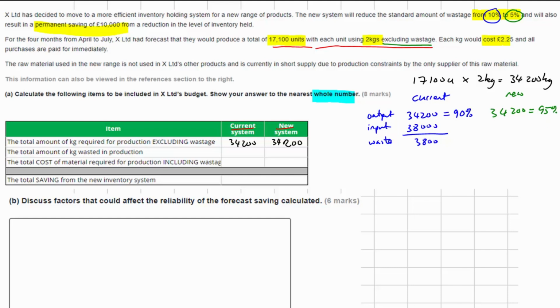If we take the 34,200 and divide by 95%, our input must be 36,000, and therefore our waste is 1,800. So we can put those numbers into our answer. The amount of waste is 3,800 under the existing system, and that will fall to 1,800 under the new system.